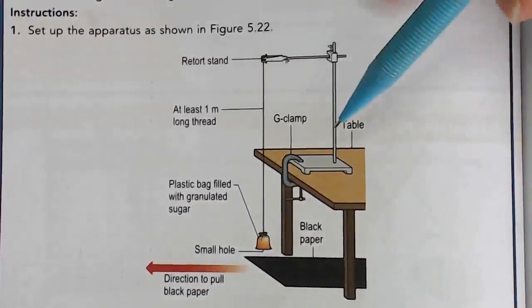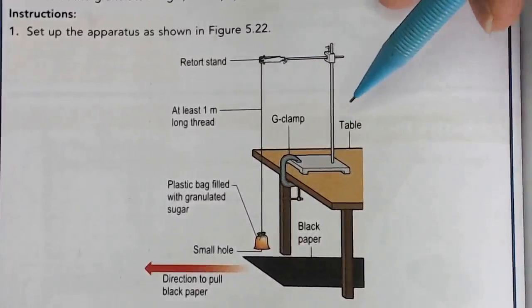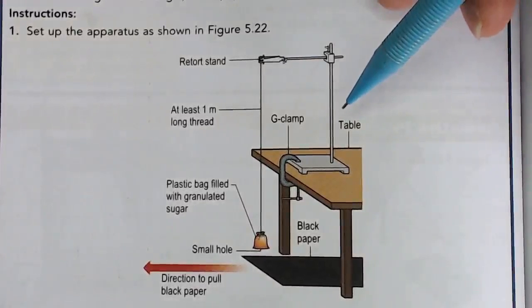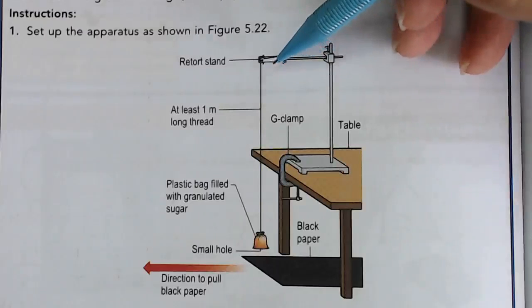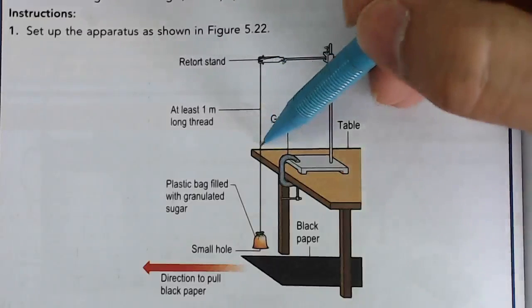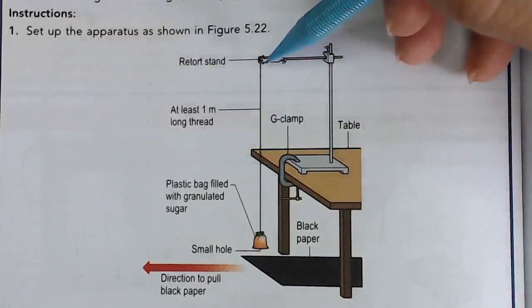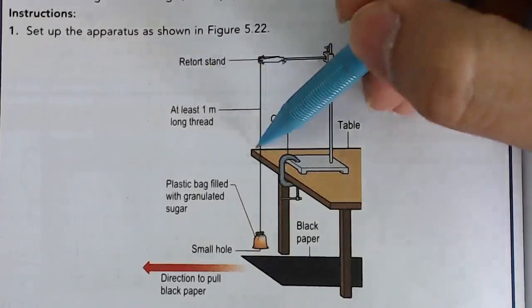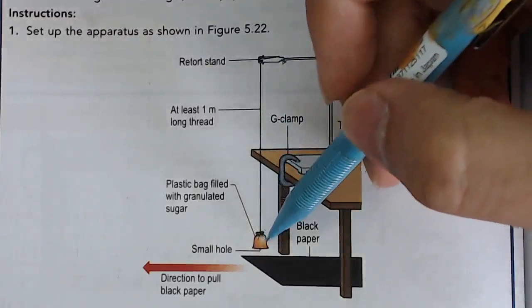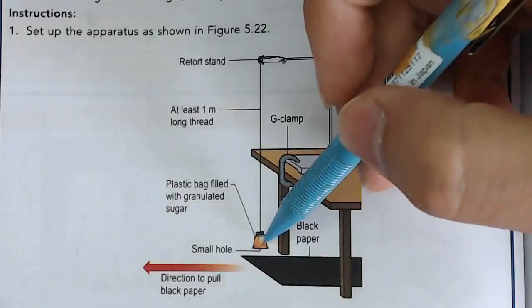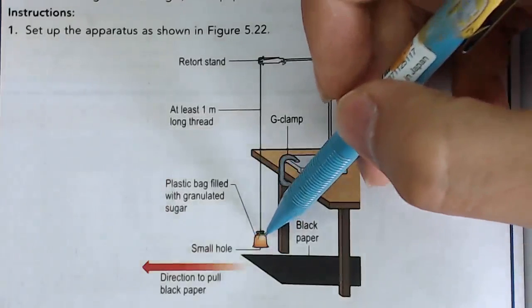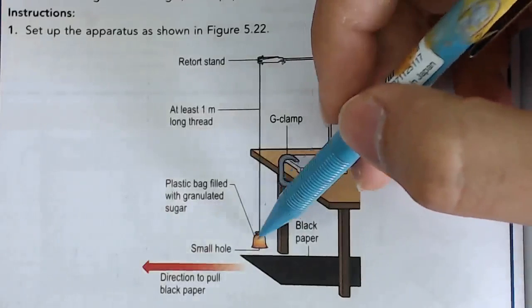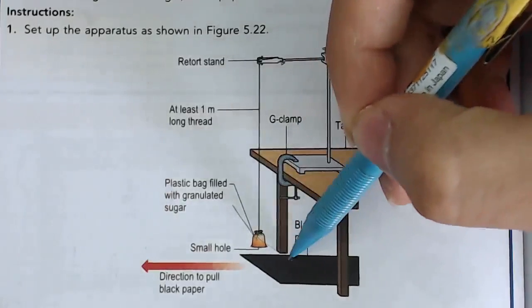So here it is, the setup of the apparatus, the pendulum. Basically we have a string which we tied at a retort stand, and the end we tied at whatever load that is, and then we're going to swing it left to right.